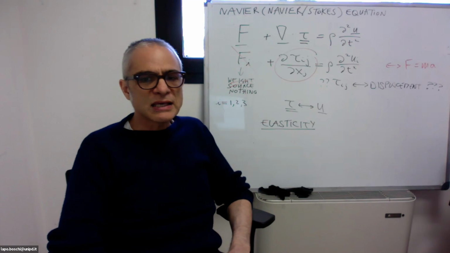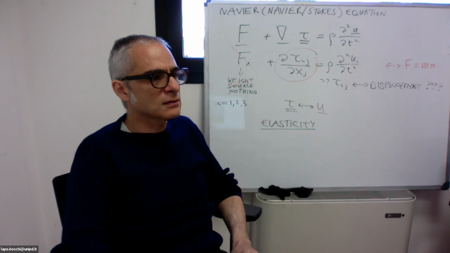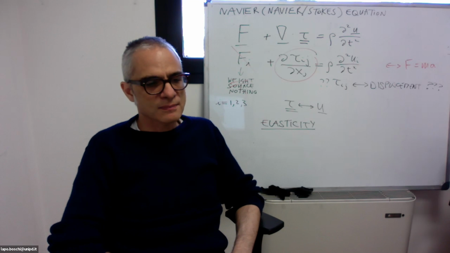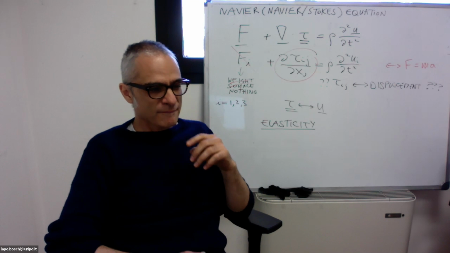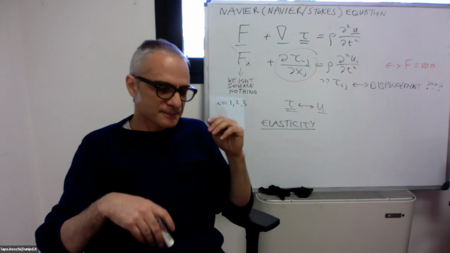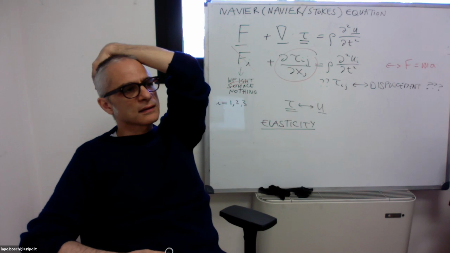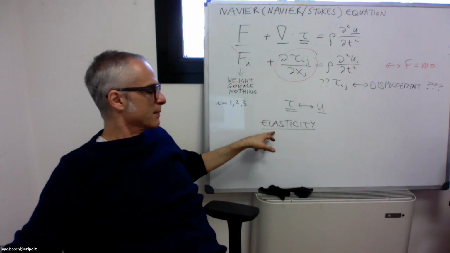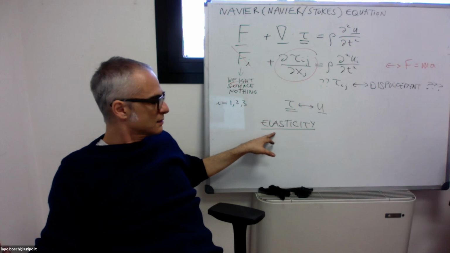If we were considering not hours, but days, weeks, months, years, millions of years, then we would observe a completely different behavior. It wouldn't make much sense to speak of elasticity, right?